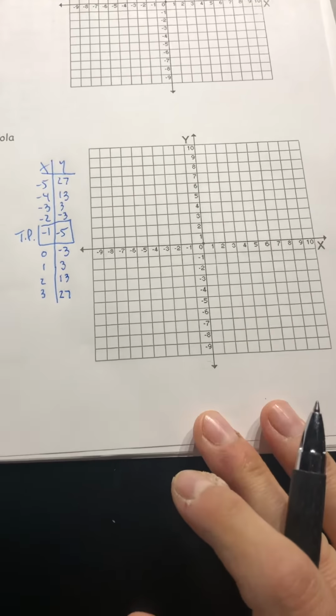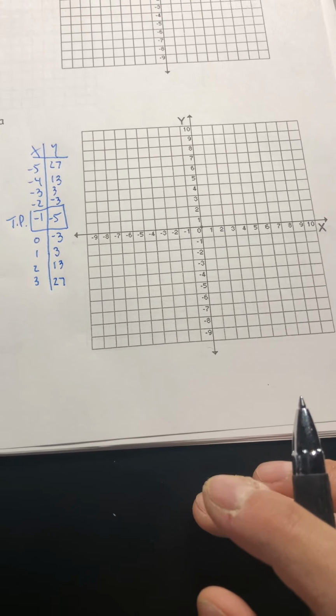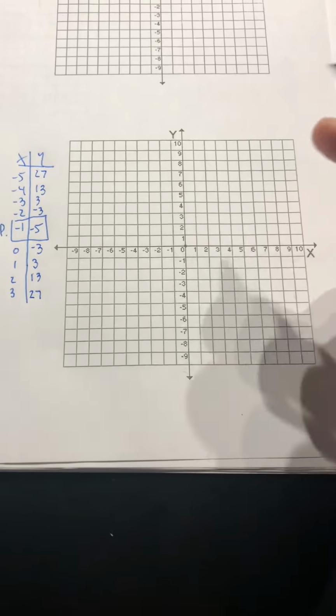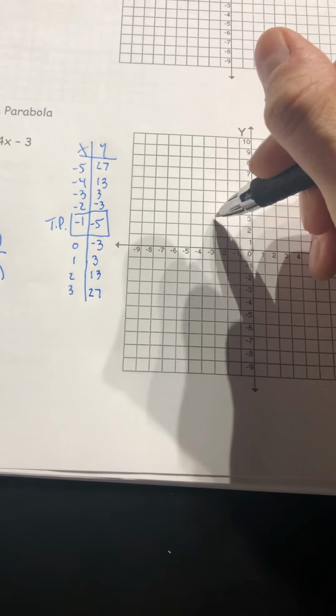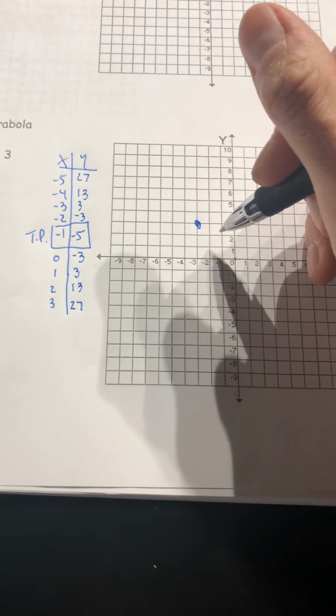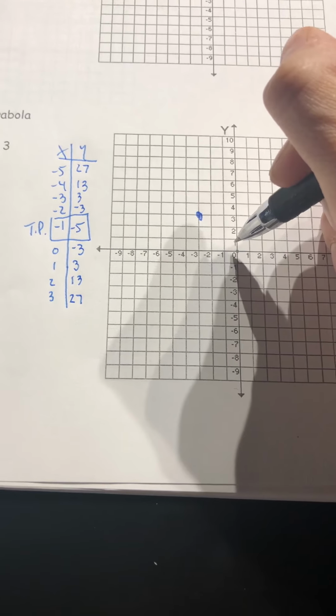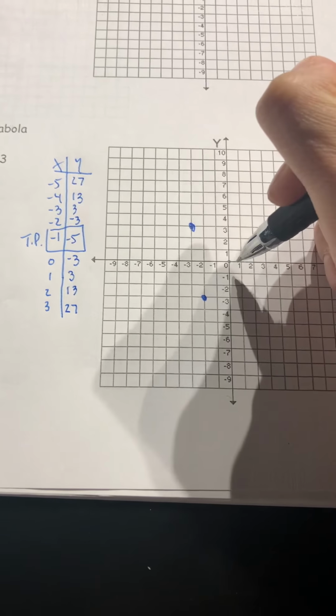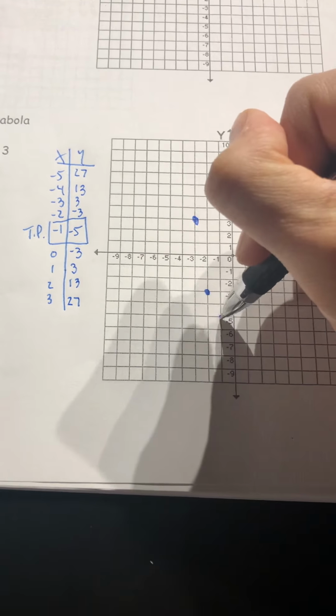So now I'm going to graph this. When we graph this, 27 will not fit. 13 will not fit, as you can see, because it goes up to 10. So the first thing we're graphing is negative 3, 3. Then we have negative 2, negative 3. Then we have negative 1, negative 5.